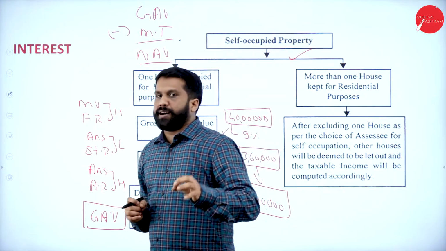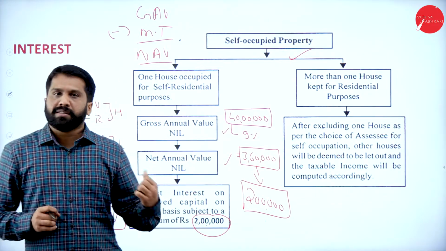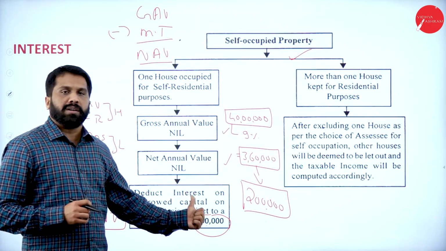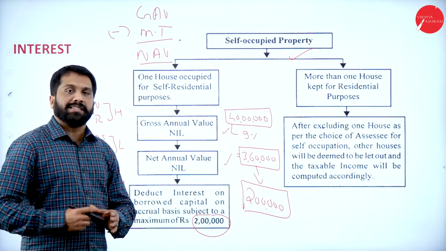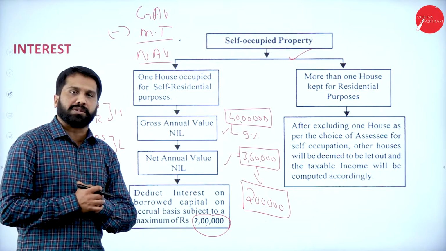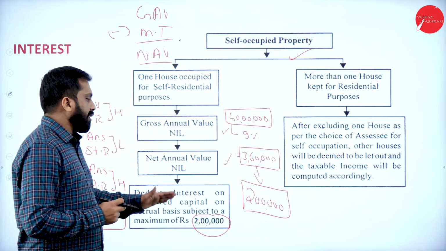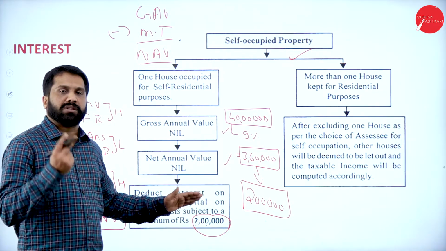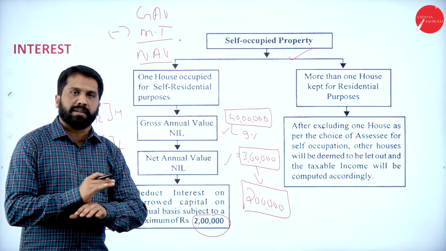For the current year, you are supposed to consider 2 lakh as your interest on loan. Earlier it was 1,50,000. Now it is amended to rupees 2 lakh. Hope you are clear? Yes. Right now the interest limit is 2 lakh in case of self-occupied.